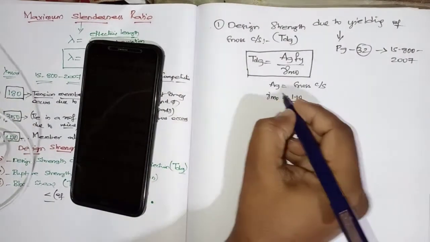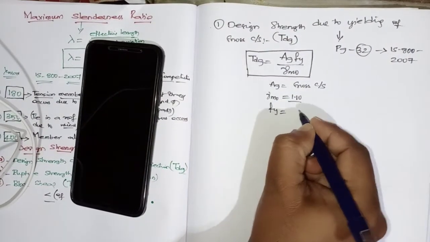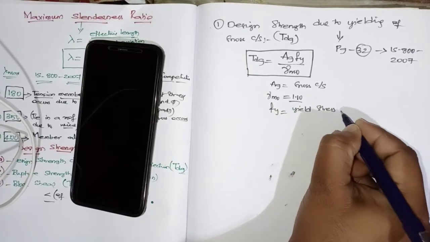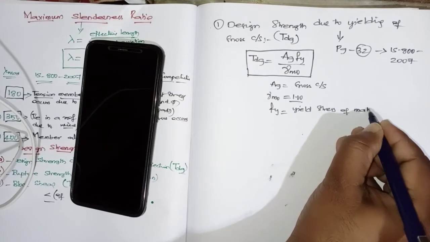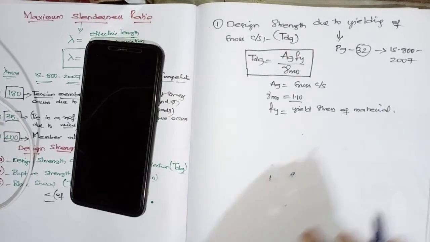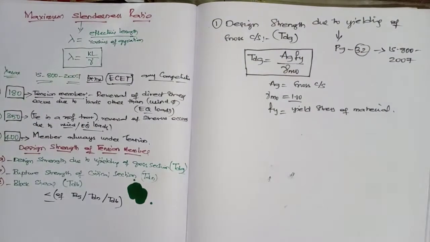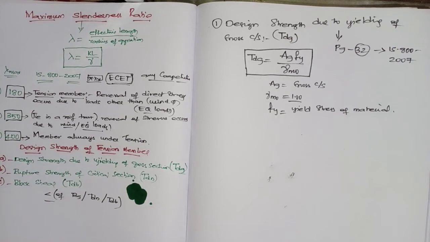And what is Fy? Yield stress of material. This is regarding the yielding of gross cross section.